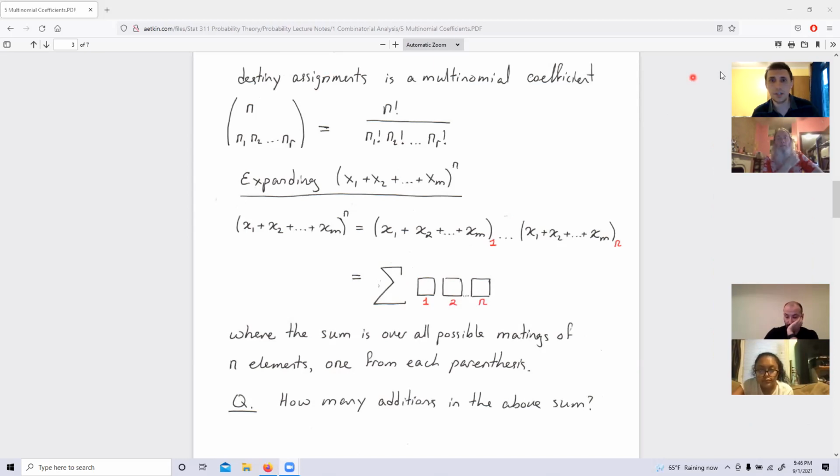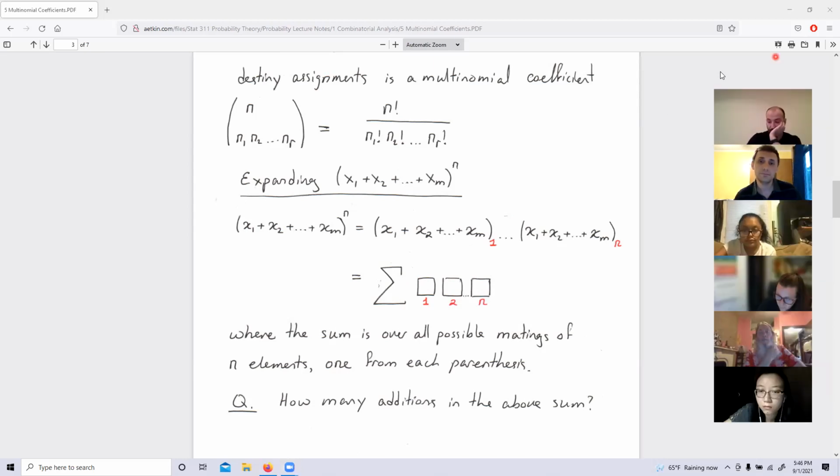You understood my question, guys? Well, we are doing it in general, where the power is n and the number of terms added is m, right? So it's x1 to xm. So it has to be in terms of m and n, your answer.